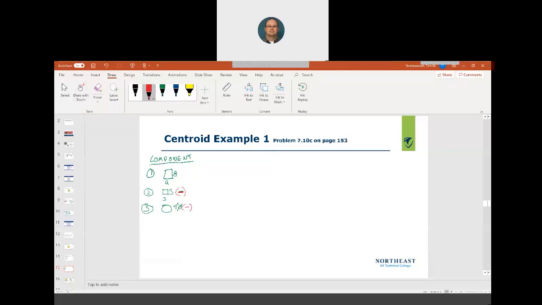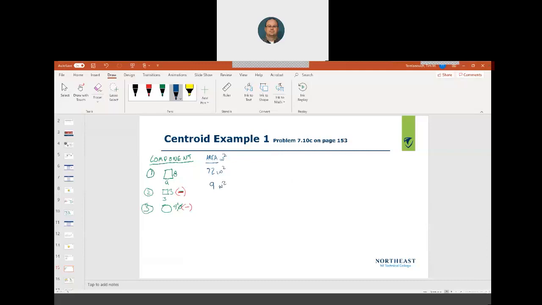All right. So our next column is we want to find the area of each of these individual components, component 1, component 2, component 3. And its area is in inches squared. So 9 times 8 is 72 square inches. 3 times 3 is 9.